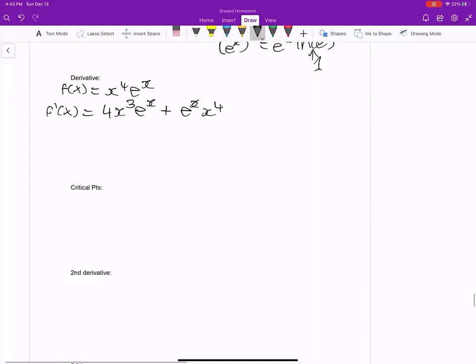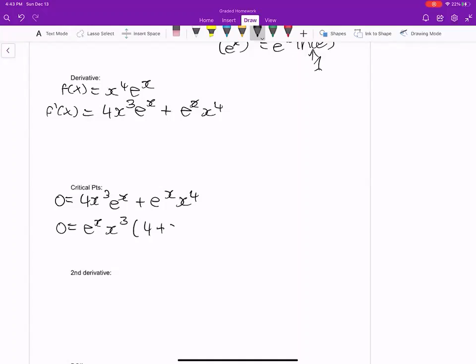Critical points. We set f prime of x to 0: 4x cubed e to the x plus e to the x x to the 4. A good way to do this is to first factor out e to the x, x cubed. Then you're left with 4 plus x on the inside. And just like we did for the x-intercepts, calculate them individually.